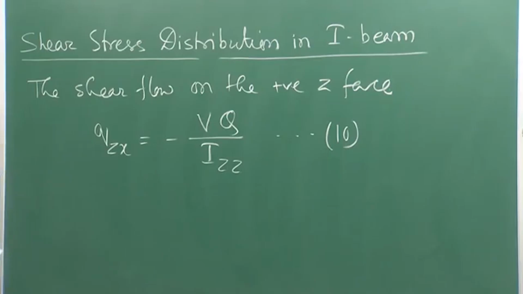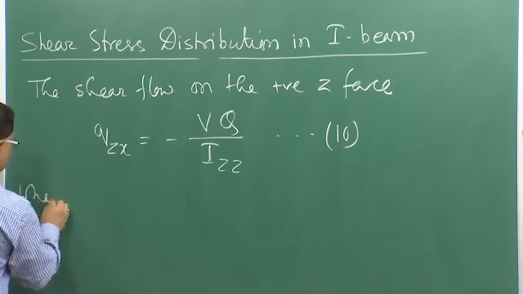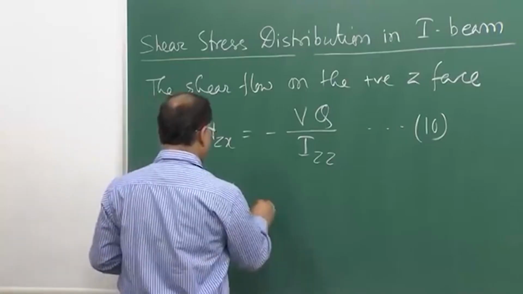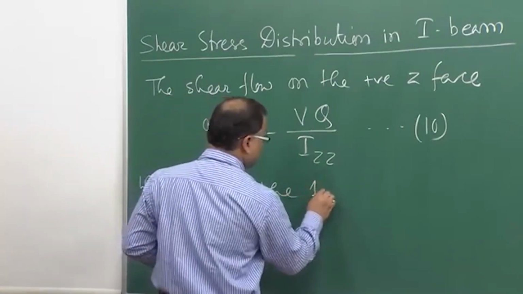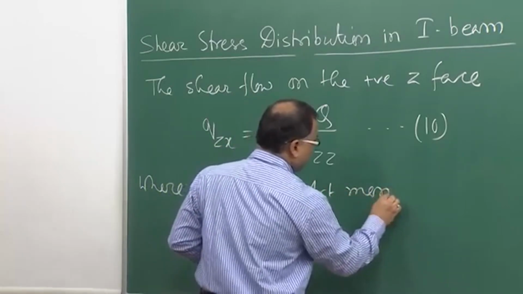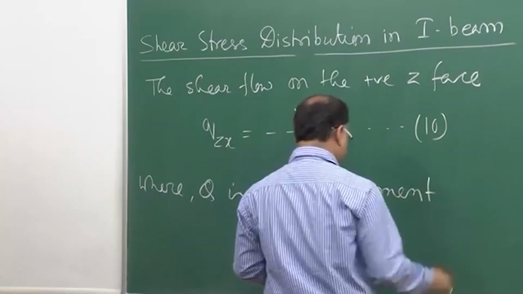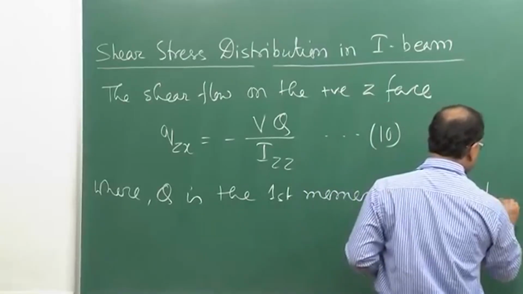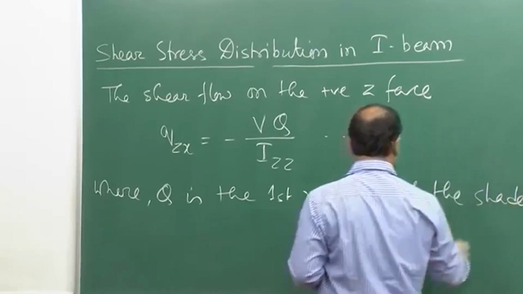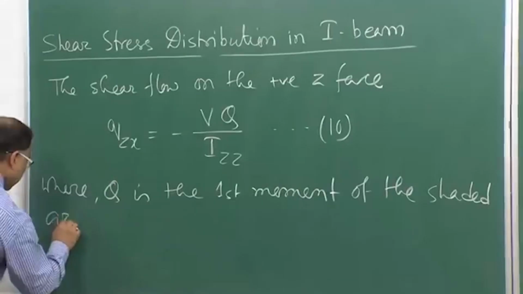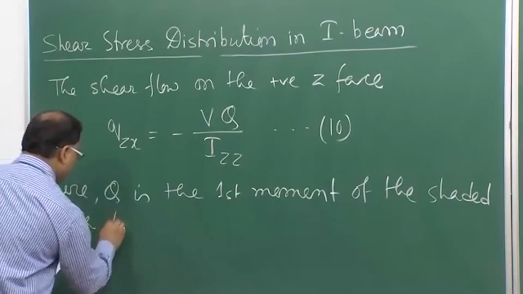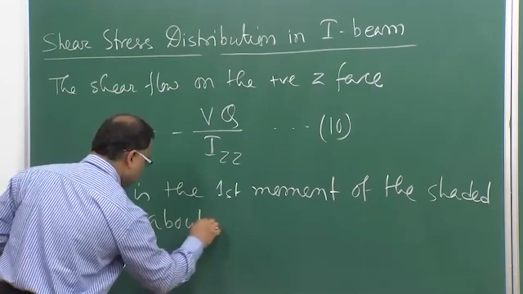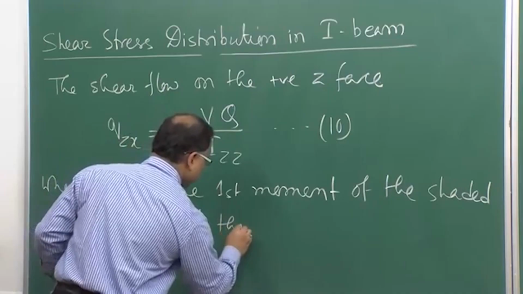Now, what is this Q? Where Q is the first moment of the shaded area A1 about the z axis.